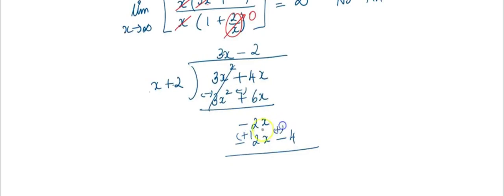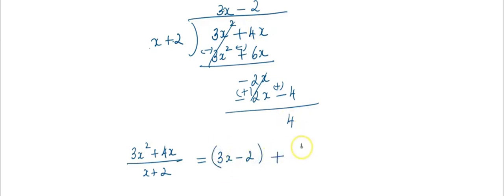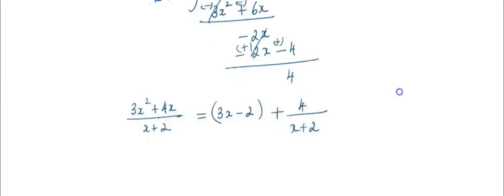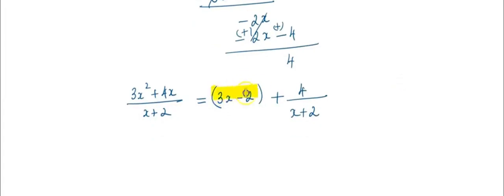Change the sign. We get a 4. So your rational function will now be written as the quotient, which was the answer, this 3x minus 2, plus this 4, the remainder, over the divisor, x plus 2. So that is what the condition guaranteed.